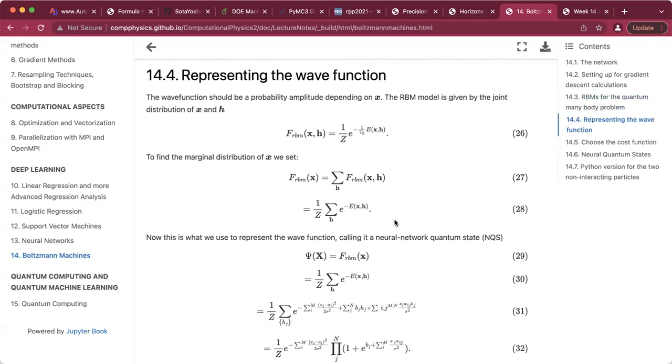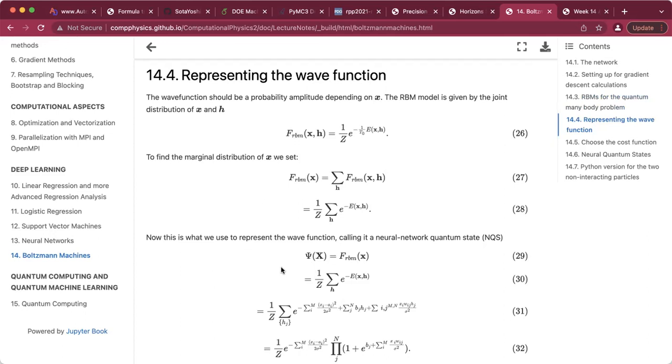Now, in the paper by Carleo and Troyer, they experimented with a wave function which was given by just the Boltzmann machine, or they took it and squared it in order for that to represent a quantum mechanical distribution. So this is something which one can also explore.